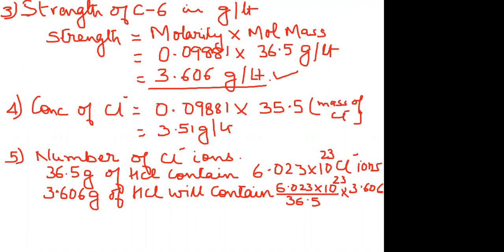Upon calculation, it comes equal to 5.95 into 10 to the power 22 number of chloride ions.